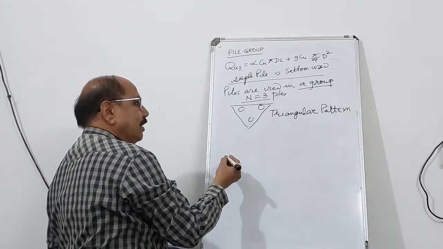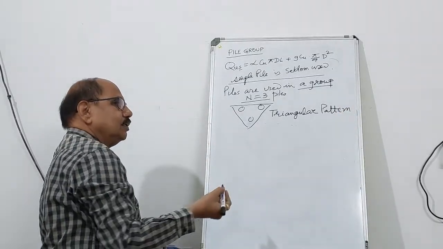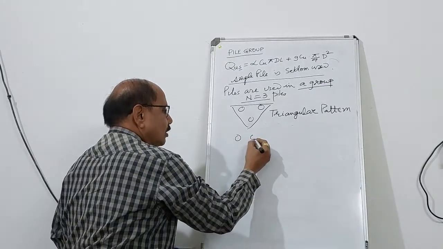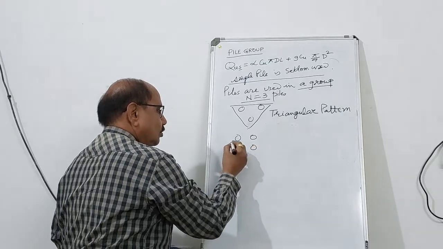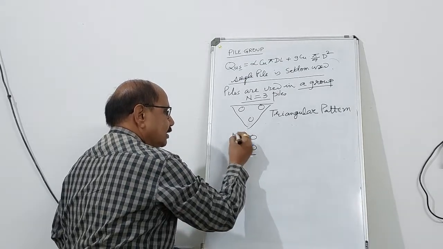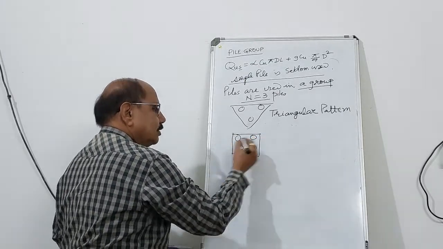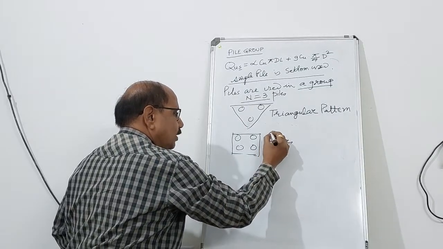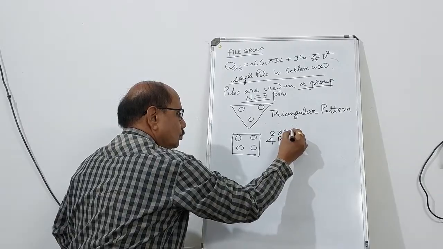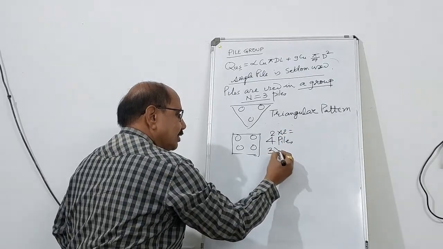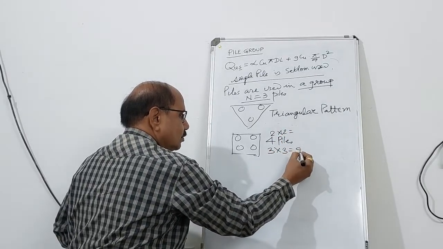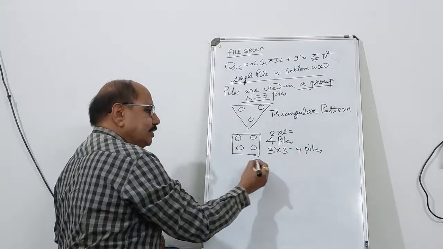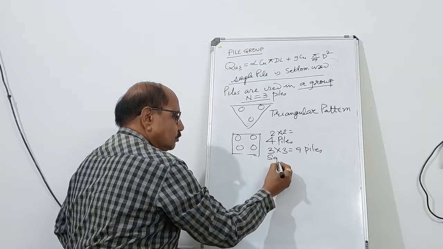If you are going to have a square pattern, say you are going to have a pile configuration like this, there are 4 piles, 2 by 2 or 3 by 3 piles in a group, you can arrange it in a square pattern.